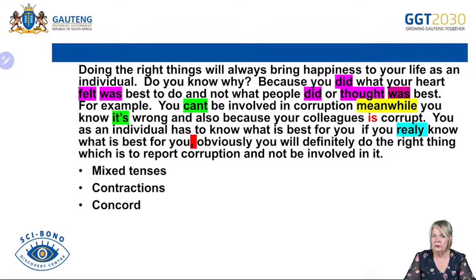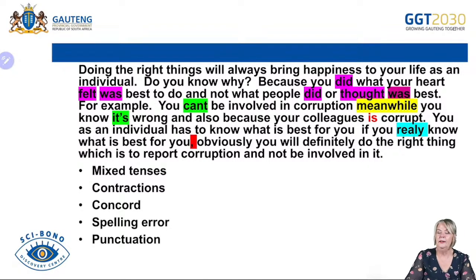And then concord, that is when the verb and the subject don't relate. Spelling errors, you need to look at that. There are basic rules and it's actually quite glaring. And then finally, punctuation. I'm going to give you 2 minutes to quickly look at that. Starting now.